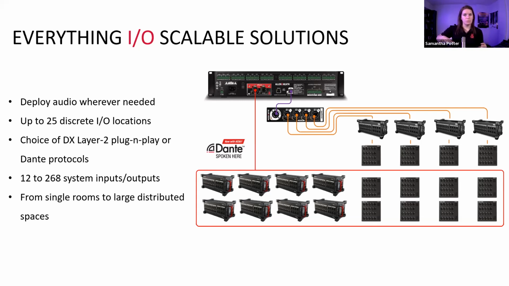Maybe I just want to send them on their way to the next console, maybe the Avantis at front of house, or to another HM64 on a different side of the campus. I can take that audio, use a tie line, pick it at the socket and send it on its way, and not touch the 64 channels of processing within the HM64. Very powerful. This is great for everything from single rooms all the way to really large distributed spaces.